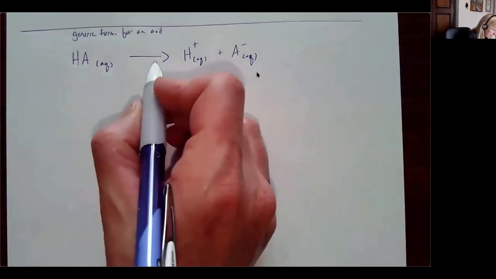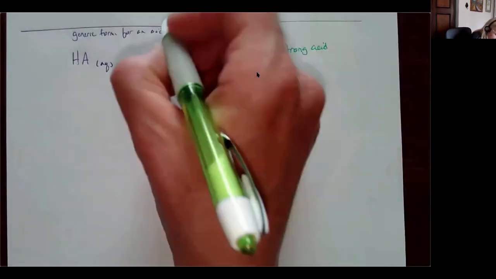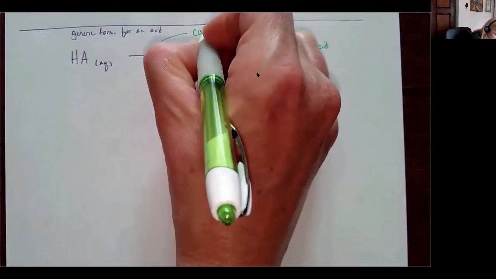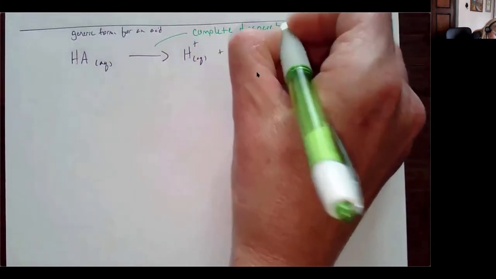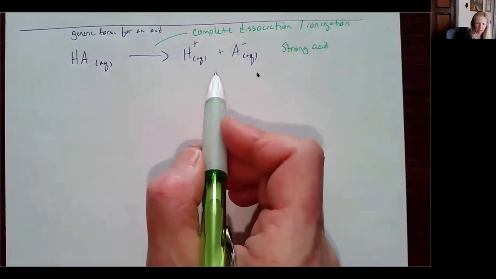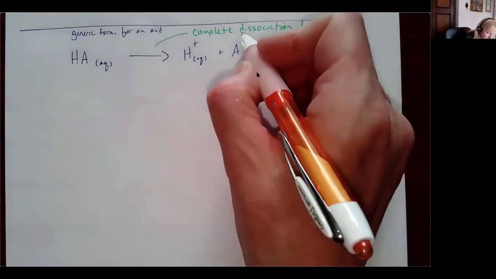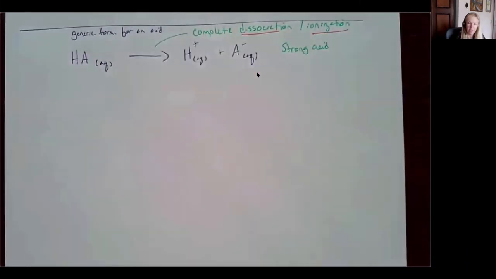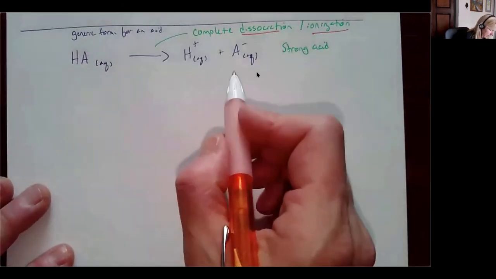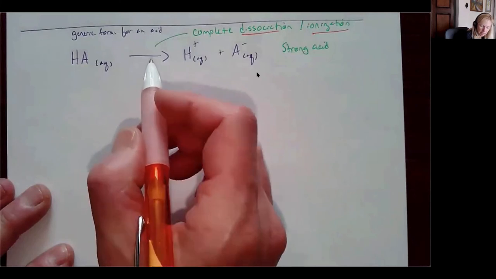If I have my single arrow, then this indicates that this is a strong acid, and I have complete dissociation, or we could call that complete ionization, meaning that I've taken this and I've formed ions. So we'll call it both things. Those mean the same thing. It dissociates into ions. So this single arrow here denotes that it's a strong acid.